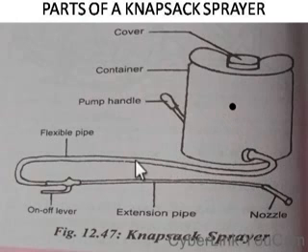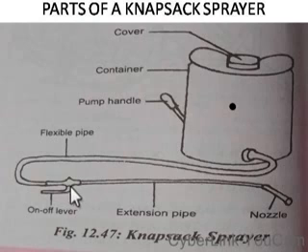And as the chemical solution travels through the pipe, at this point that we call on and off lever, the operator can control how the chemical should flow. We want it to flow quickly, or we don't want it to flow.